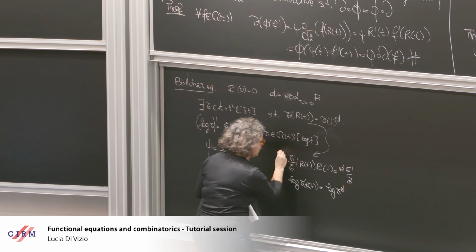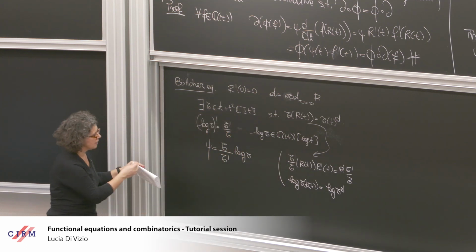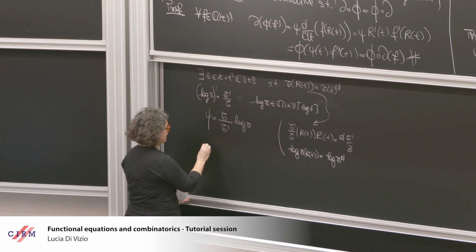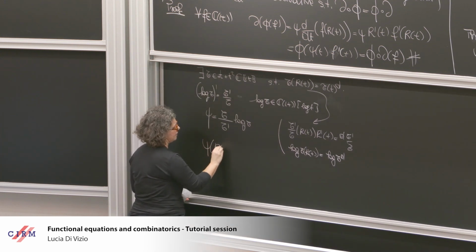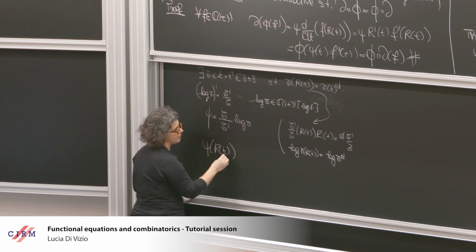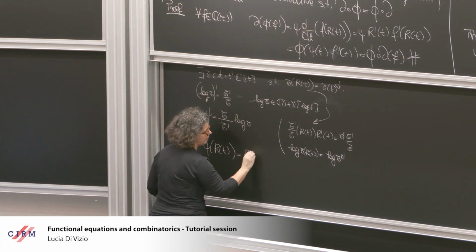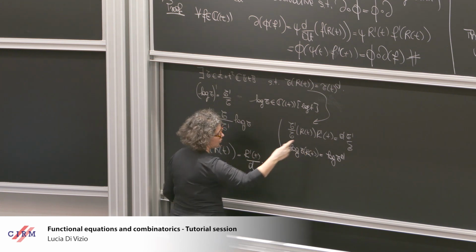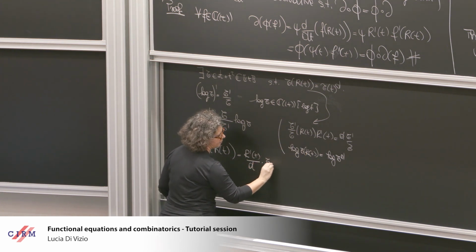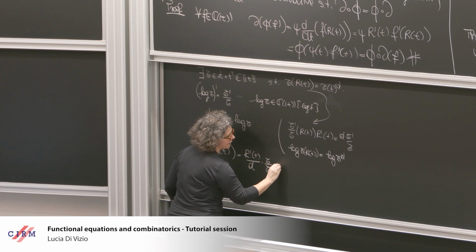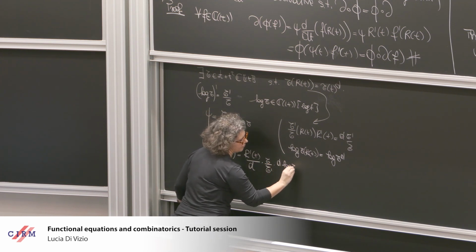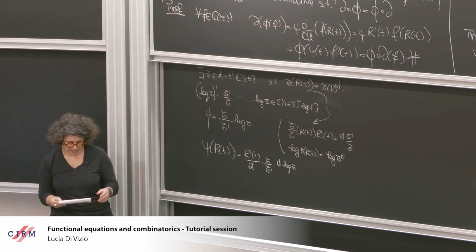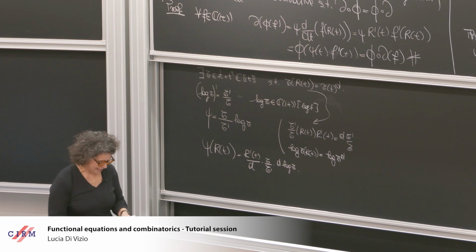So altogether you get the psi of r of t. From here you get r prime over d times tau over tau prime times d log tau. Usually this one you just reduce to the shift case by taking a constant logarithm.